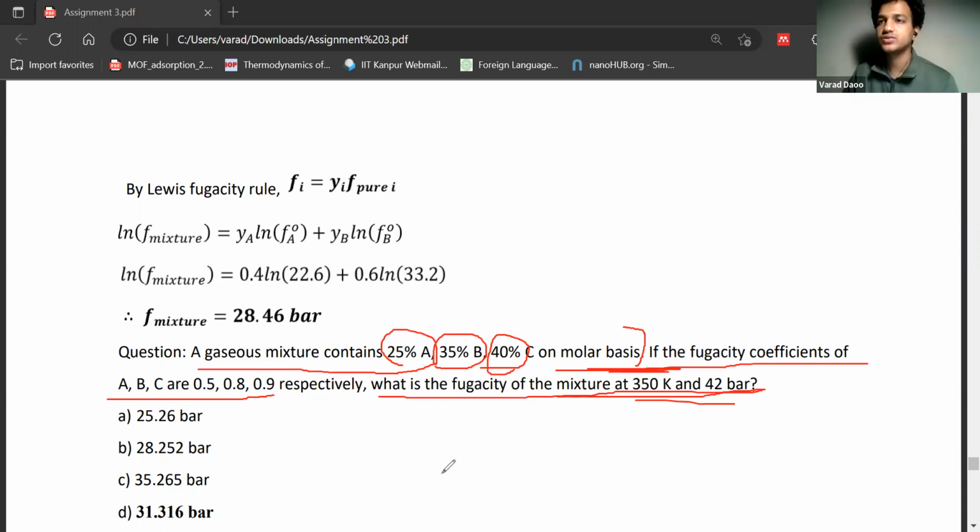So the question is similar to the previous question. I'll give you 5 minutes to solve it, and I'll also give the correct answer, option D. Anybody got it?